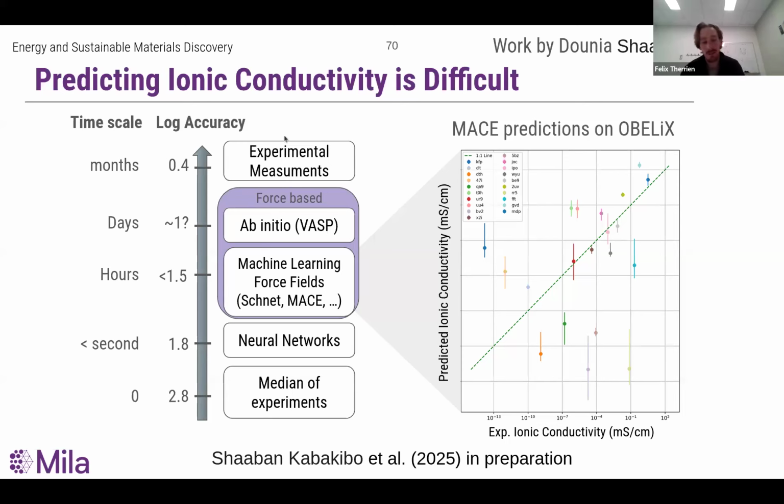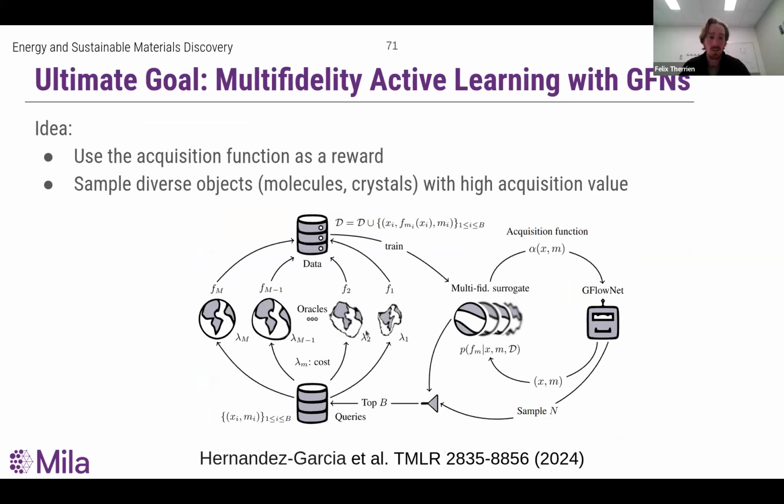If you're somewhat confident, you could use machine learning force fields to verify it. And if you're unsure, or as a base model, you could use a neural network that directly predicts ionic conductivity. This is our ultimate goal: to use this model that already exists, called multi-fidelity active learning with GFlowNets, where we would have a model that makes these choices of what experiments, but also what models to use.